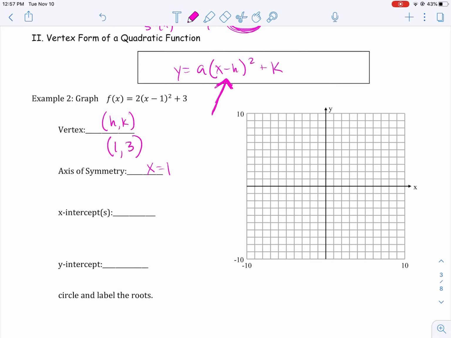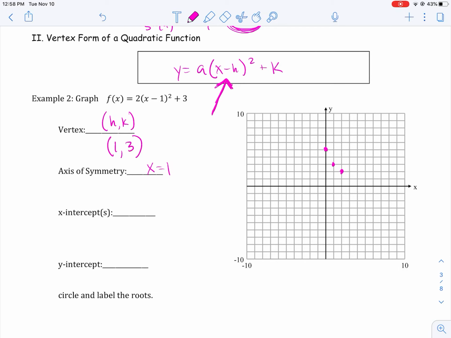Now let's get to x-intercepts and y-intercepts. If you were to graph this thing, you would see it would look something like this. So it's crossing the x-axis... 0 comma 5, 1 comma 3, 2 comma 5.